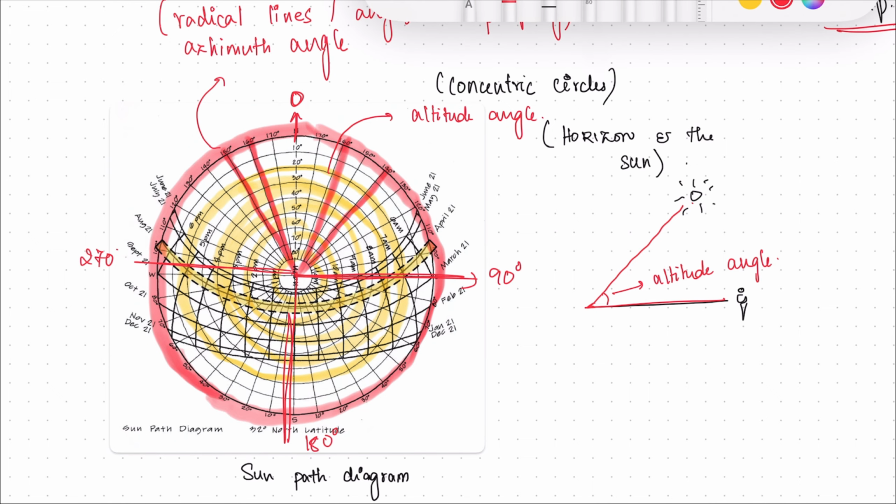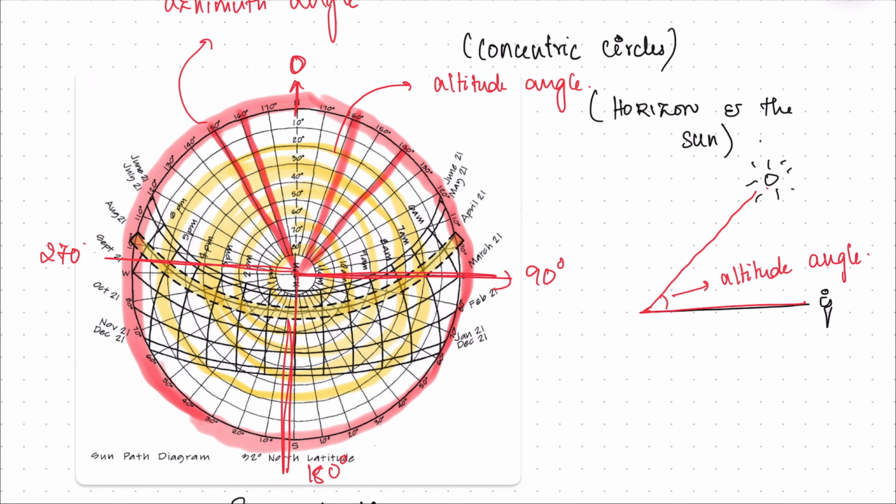Next, let's talk about the other lines. These sunpath lines that curve, these lines represent the day or month of the year.